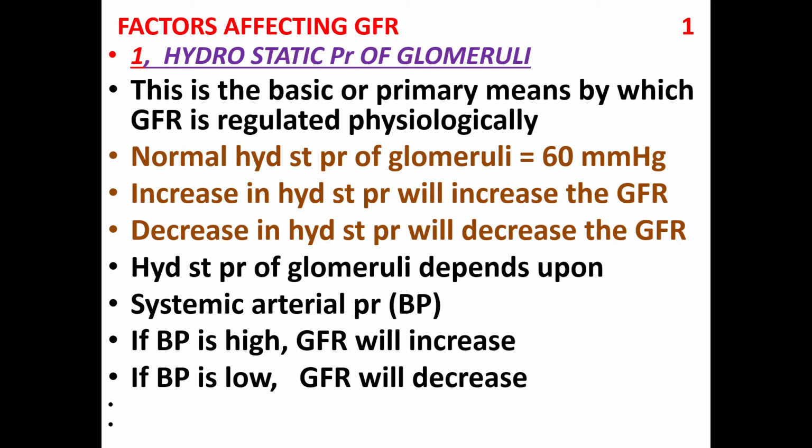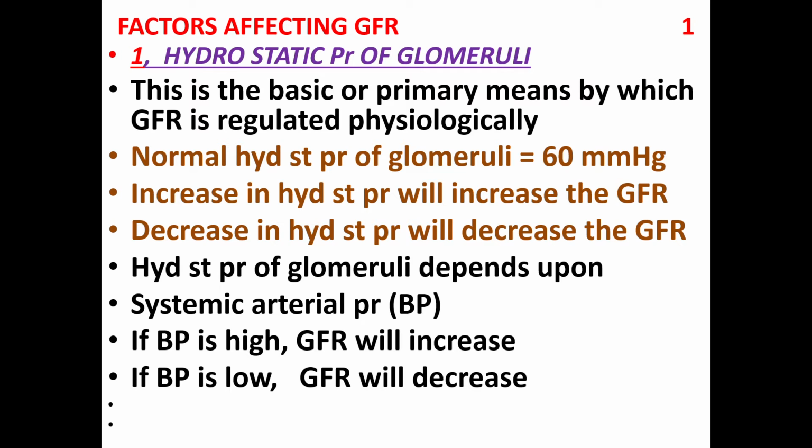Now, if there is an increase in the hydrostatic pressure, it will increase the GFR, and if there is a decrease in the hydrostatic pressure, it will decrease the GFR. But this increase and decrease in GFR is actually maintained within the normal limit through your autoregulation of GFR. But if the blood pressure rises beyond the limits I told you earlier, then definitely there will be a change in the GFR.